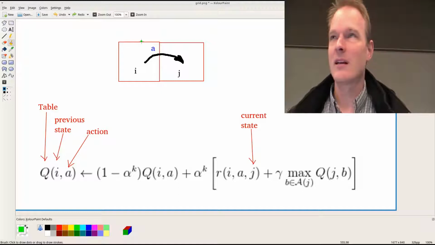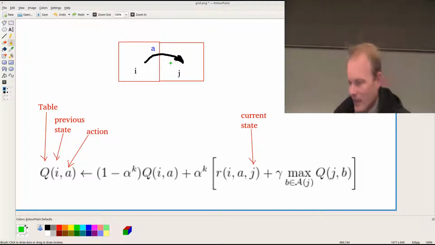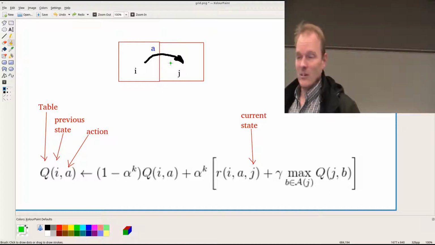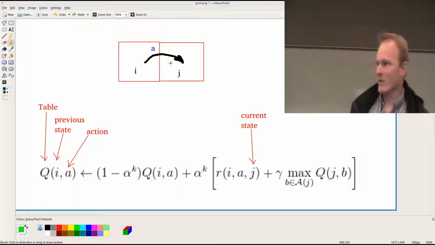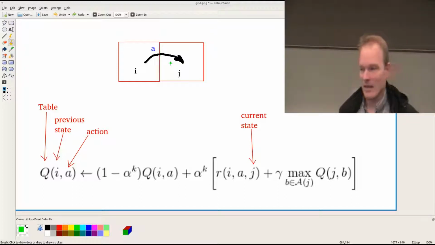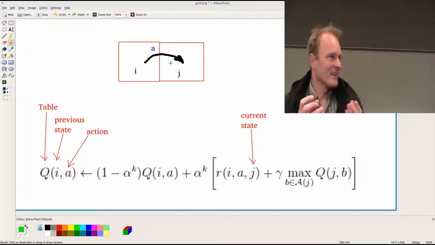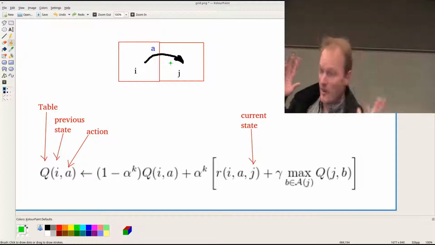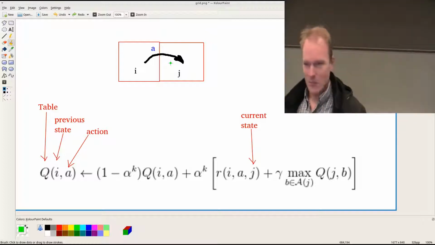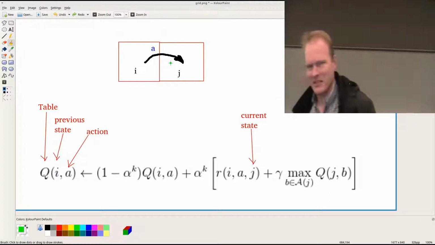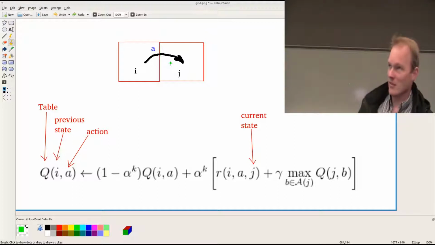Does that make sense? If I was right here and I go to right there, I just learned something. I learned how awesome it was to be right here. Because, hey, once I got right here, I got a donut or something like that. And because I got a donut, now I'm super happy. Then I etch into my brain, hey, remember that time when I was way back here and I almost got a donut?